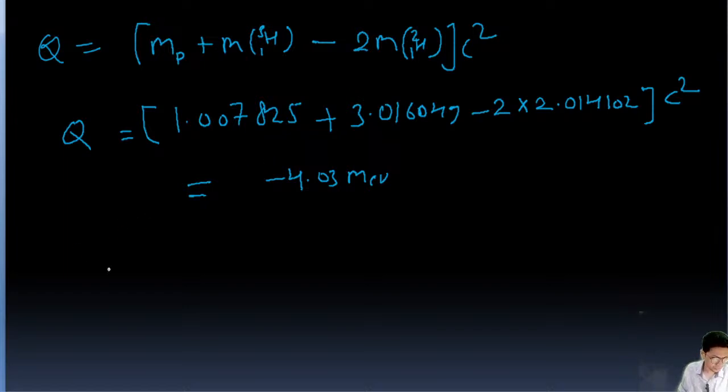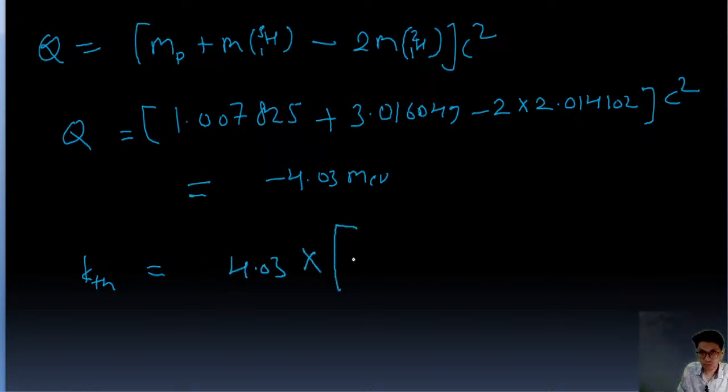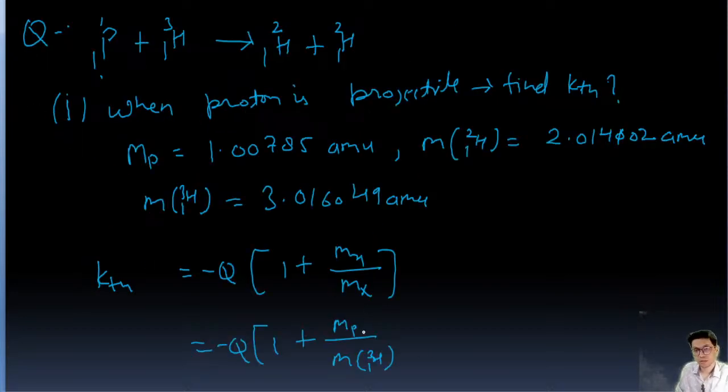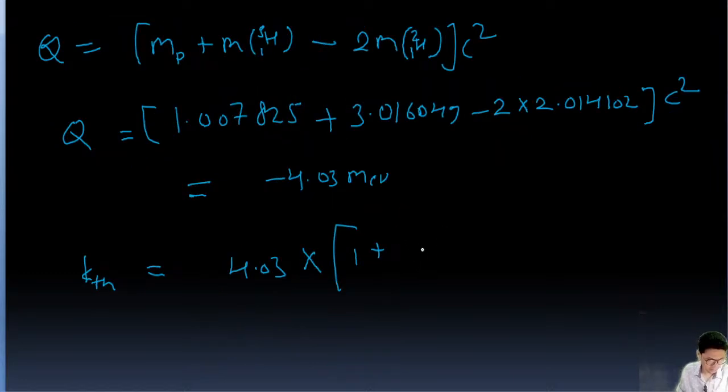So now we'll find KTH. KTH is minus Q, and minus minus is plus, so 4.03 into (1 plus mass of proton upon mass of 1H3), that is 1.00785 upon 3.016049.